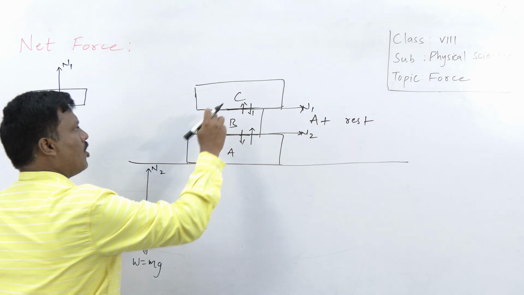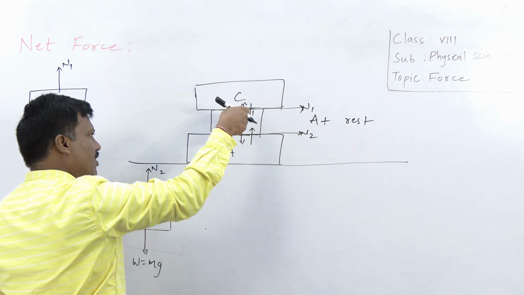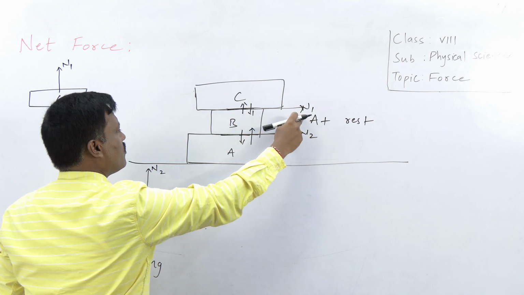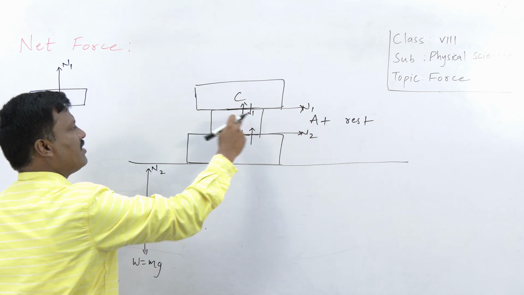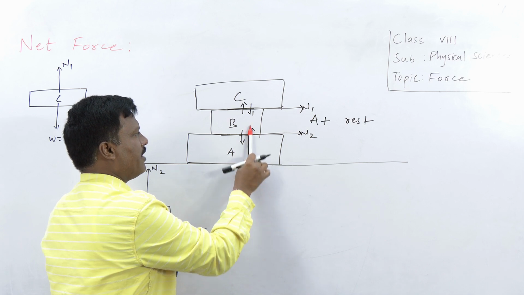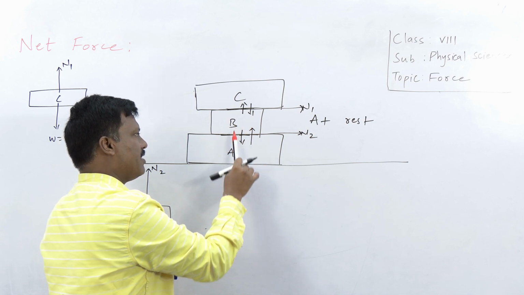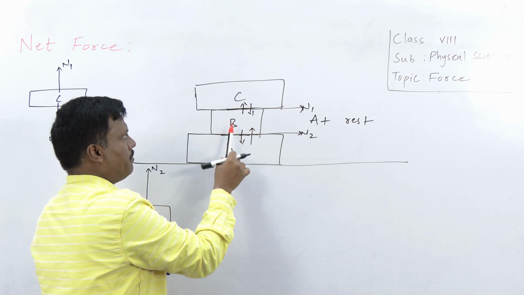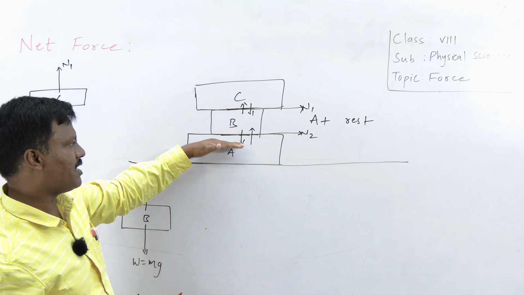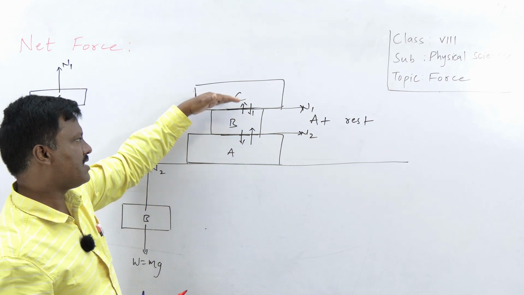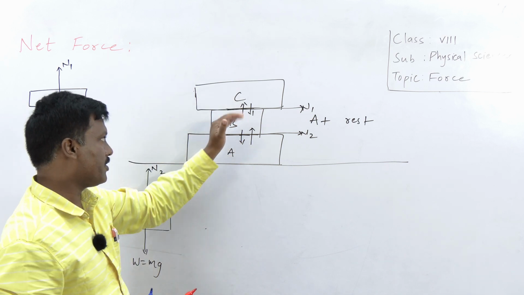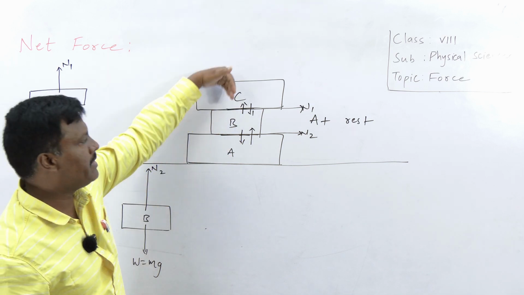Now block C exerts a normal force on block B. What is the direction of that normal force? Downward. Block A exerts the normal force in the upward direction. Block A is at the bottom, and B is in the middle of C and A. So block A exerts the normal force on B in the upward direction, and block C exerts the normal force on B in the downward direction.